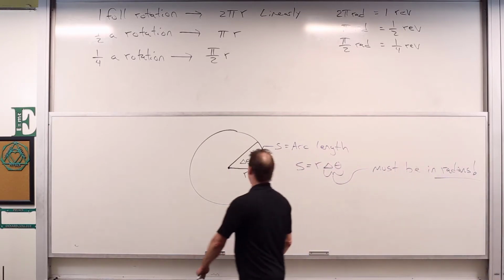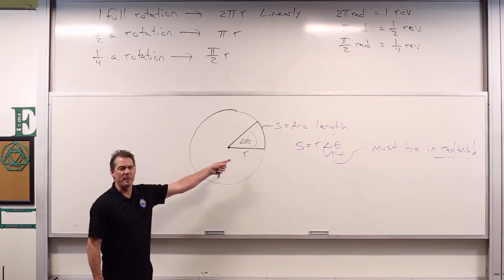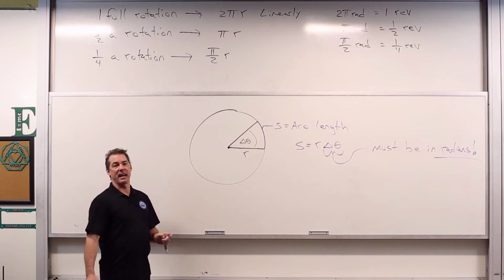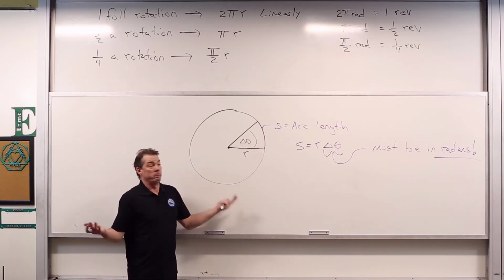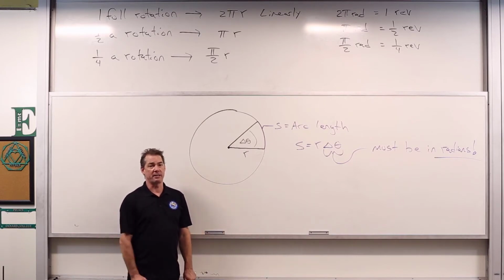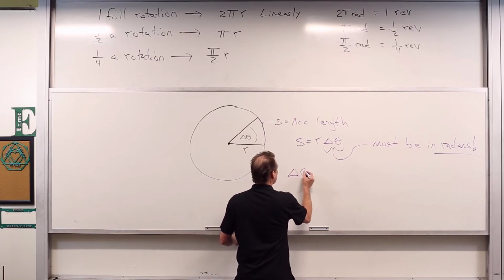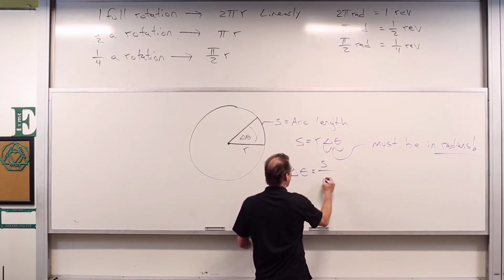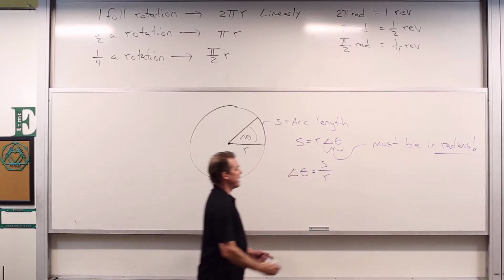Let's think about a couple things here. Delta theta is in radians, right? Well, what's r measured in? It's a unit of distance. Let's say it's measured in meters, SI units. What's s measured in? Well, that's a distance too, so let's say it's meters. If we say delta theta is equal to the arc length s divided by r, what do we have for the units of delta theta?